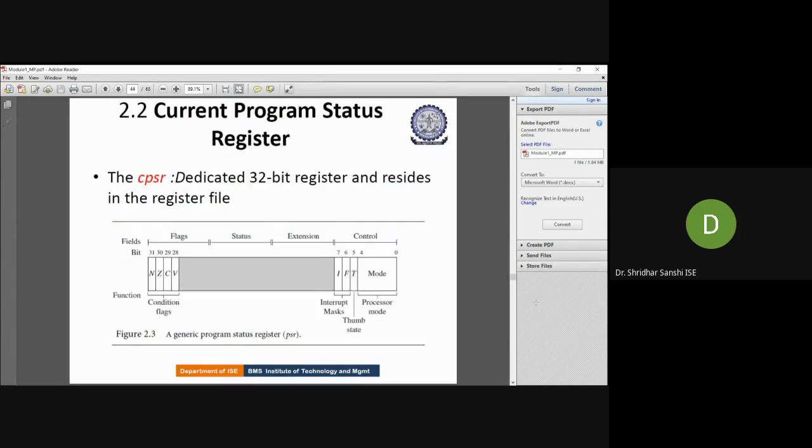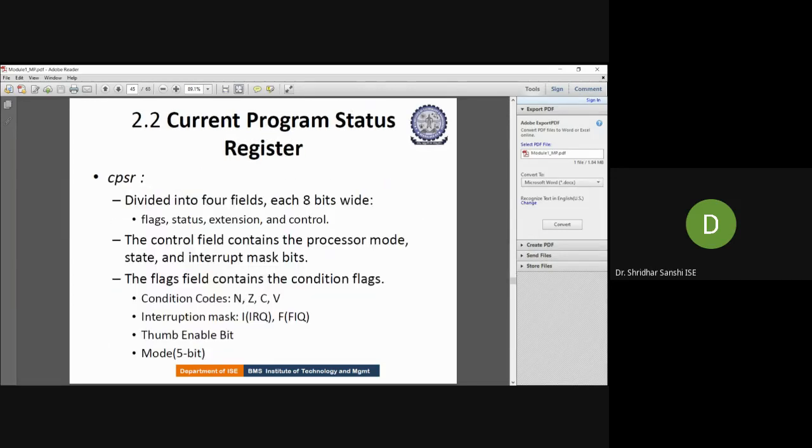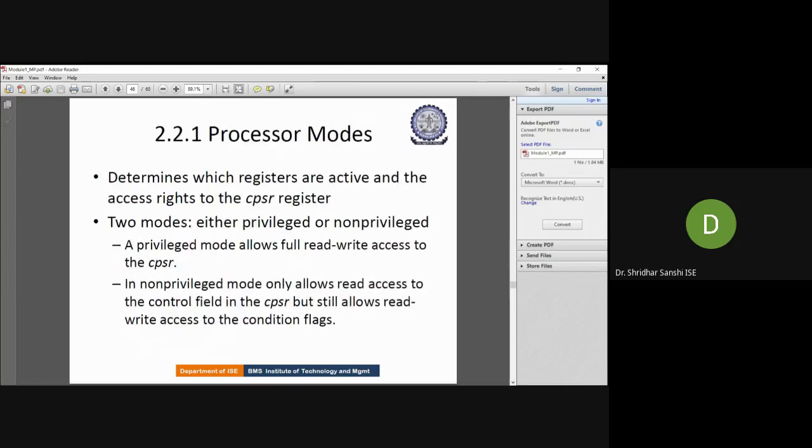We have the processor mode, interrupt mask, and state bits. We cannot change these values; we can only read them when we are in non-privileged mode. These are the modes in which the processor operates.